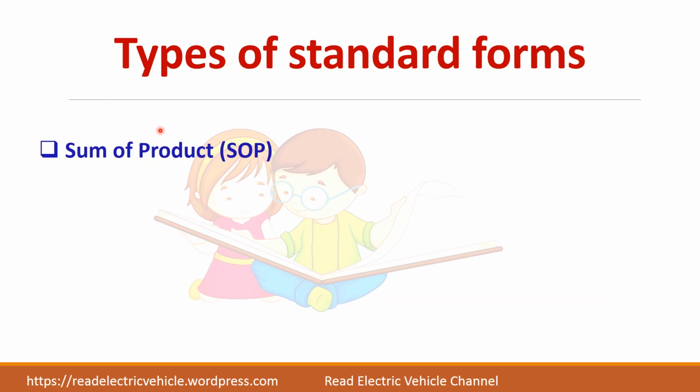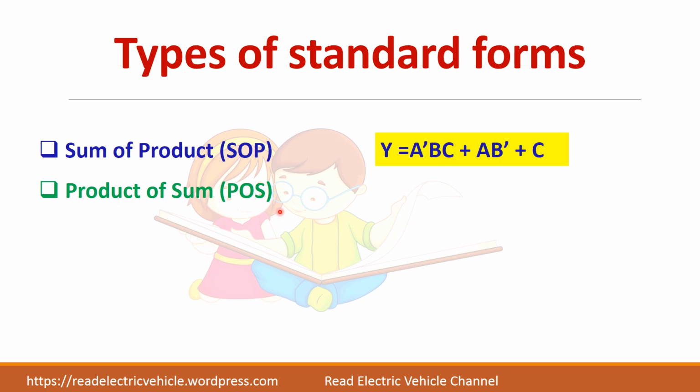There are 2 types of standard form, called sum of product and product of sum. Sum of product means SOP, product of sum means POS. It is related to sum of Minterms and product of Maxterms. In case of Minterm, all literals will be present, but in sum of product form, some literals may not be present.